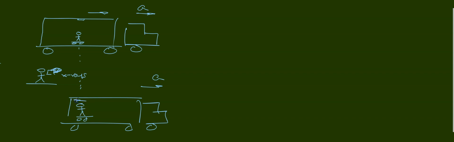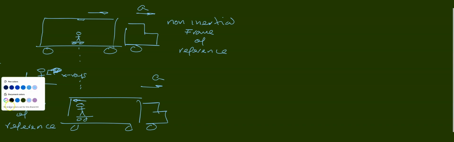Right. Well, the difference is that the truck represents a non-inertial frame of reference. We are out here with a camera, we are in the floor that is not moving.